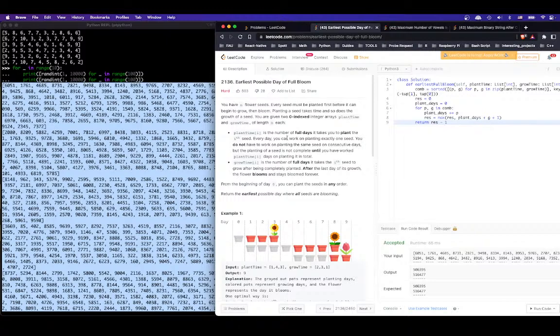You're not waiting. So you want to maximally wait, and you want to plant while it's waiting. So you want the small plant time to go first, so you can get into the waiting immediately. So that's the second reason why we want to sort the plant time from small to large.